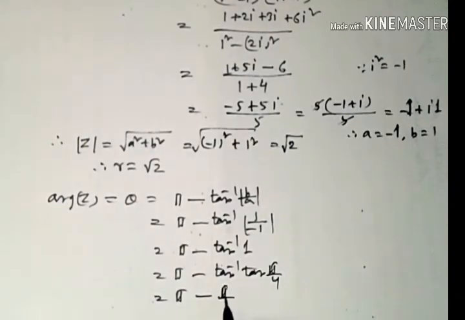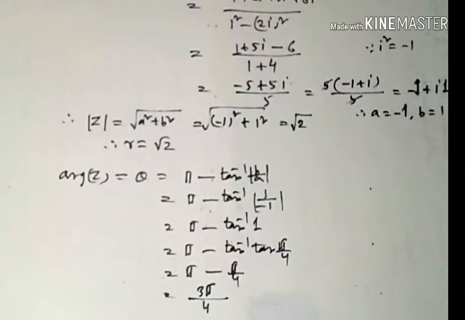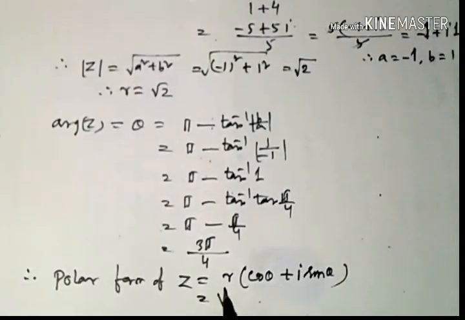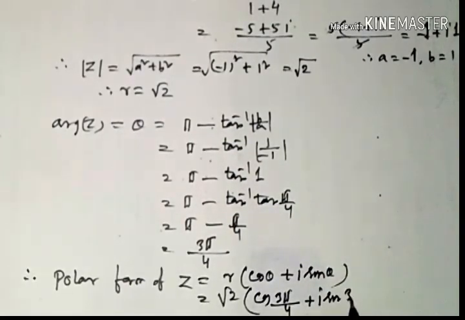Pi minus pi by 4, that is 3 pi by 4. Therefore, the polar form of z is R cos theta plus i sin theta, where R is root 2: root 2 cos 3 pi by 4 plus i sin 3 pi by 4.